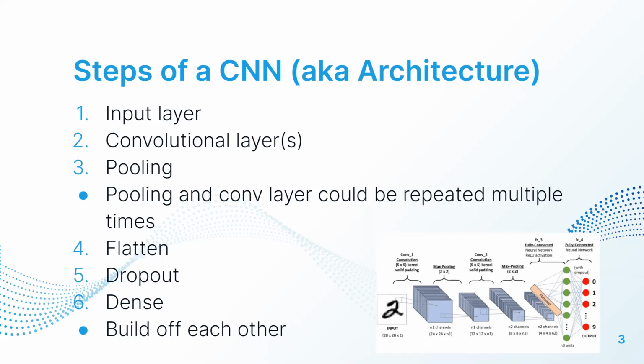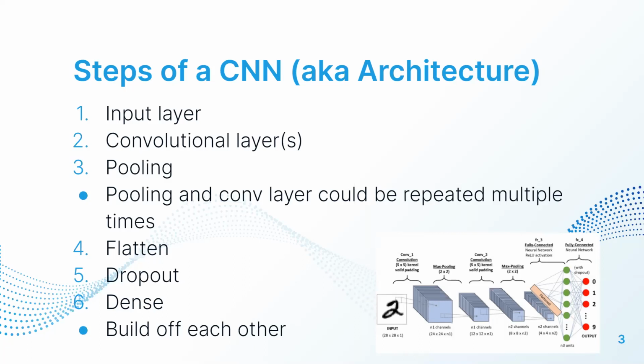Then we have the flattened layer. After you have your dimensional data, where every image has a 2D or 3D shape, you have X dimensions, and you want to make sure that you can analyze it effectively. The way to do that is to have something called a flattened layer.